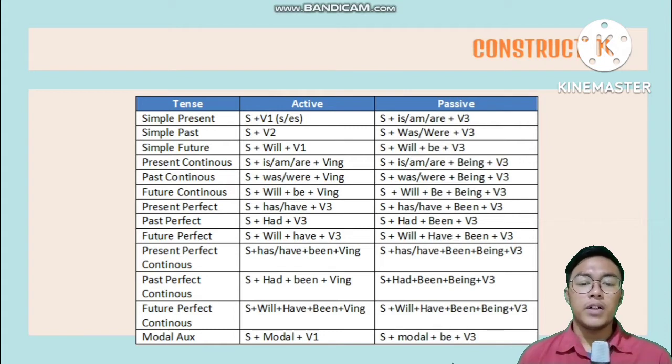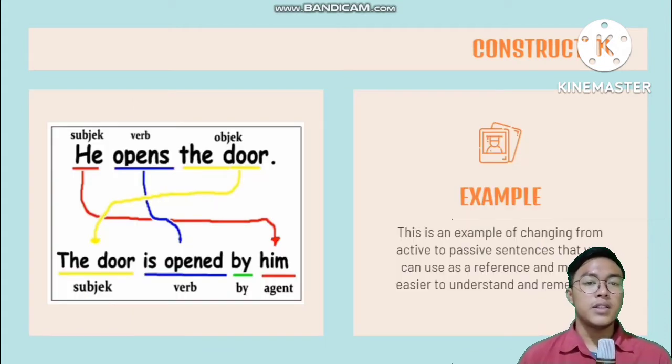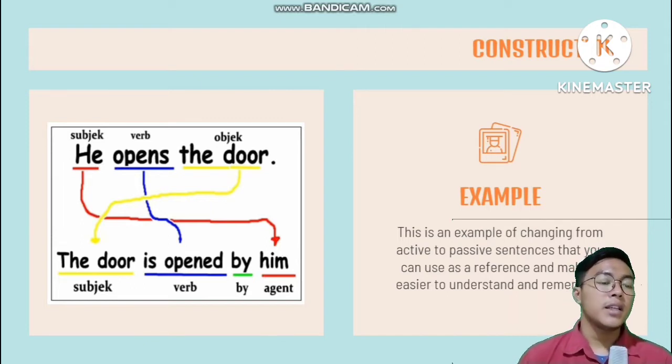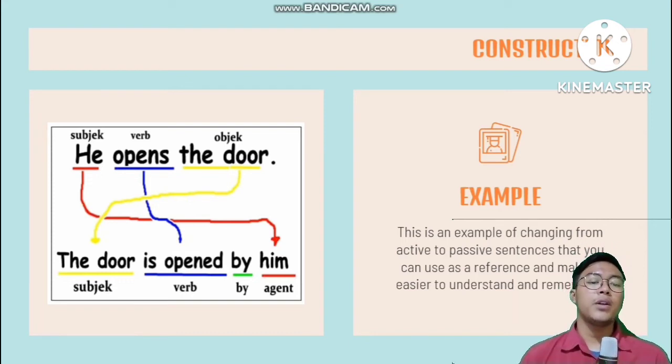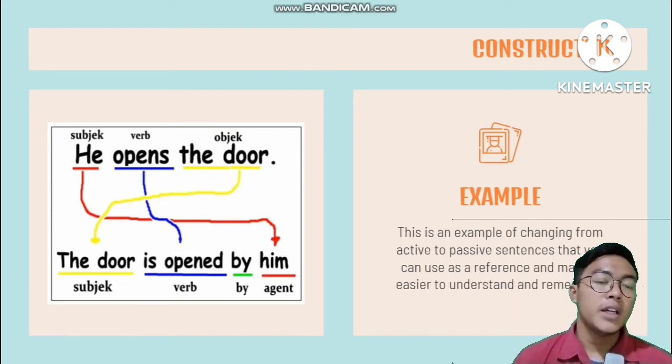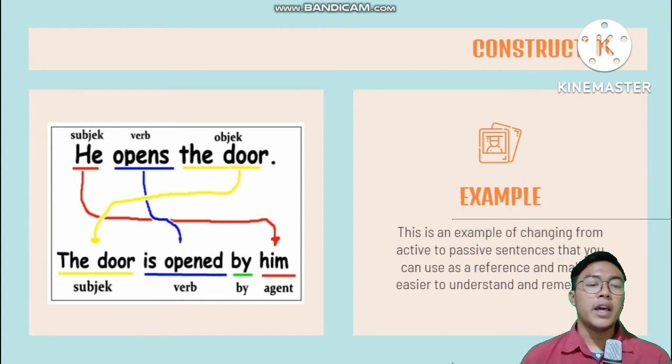Okay, we move into the construction. This is a simple example. Before, it is: he, the subject, opens, the verb, and the door is the object, and this is the active voice. We can move to the passive voice.